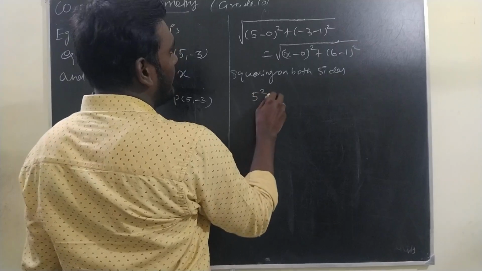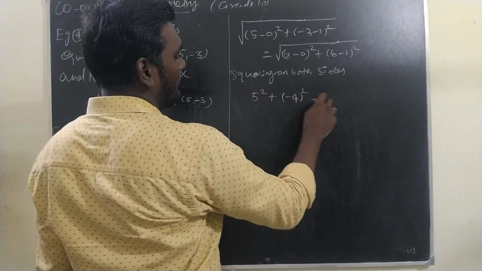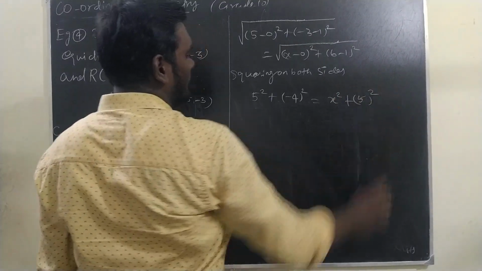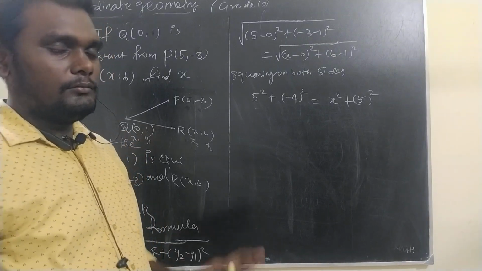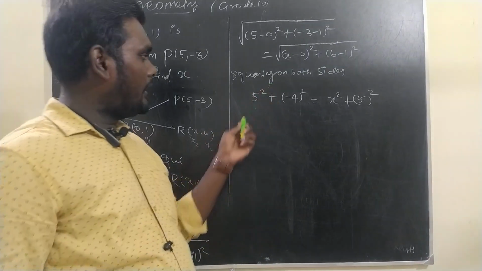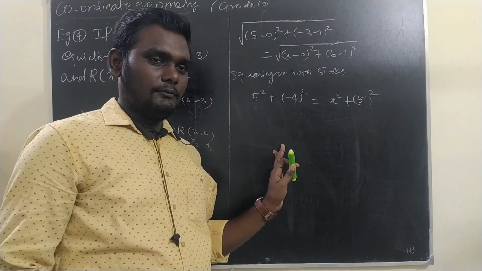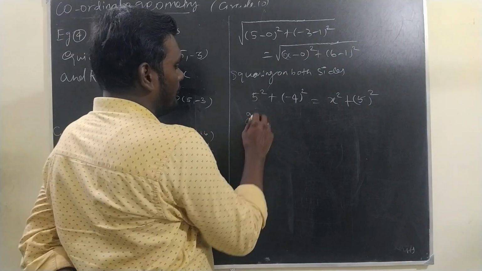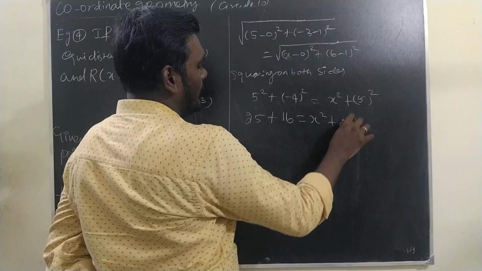So we will get 5 square plus (minus 4) square equals x square plus 5 square. If you are clever enough, this 5 square and that 5 square get cancelled. Suppose not, just apply. This is 25 plus 16 equals x square plus 25.